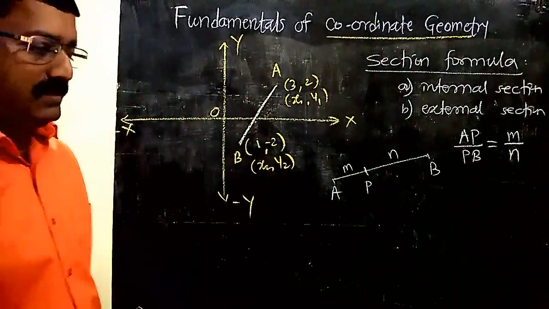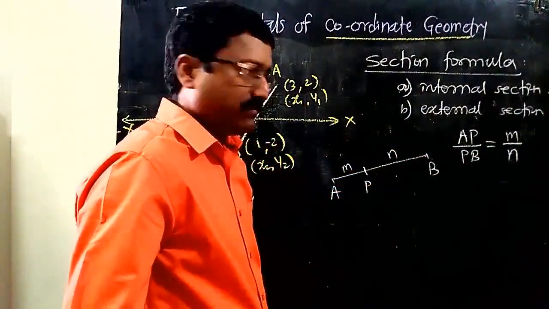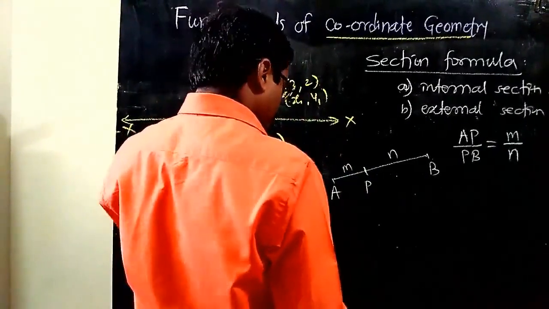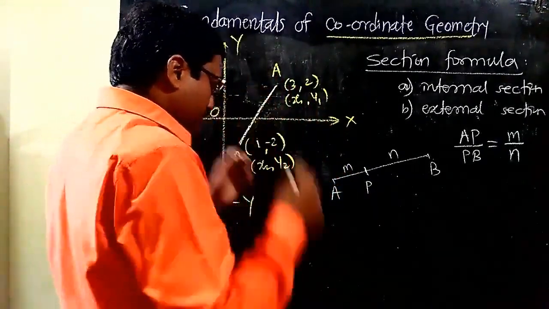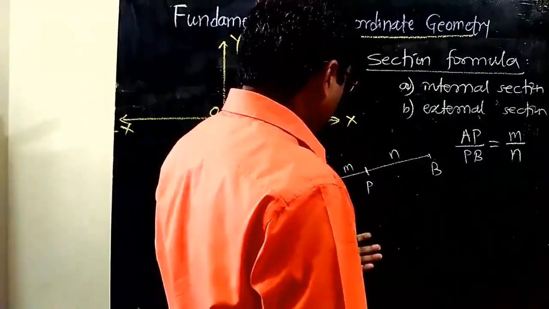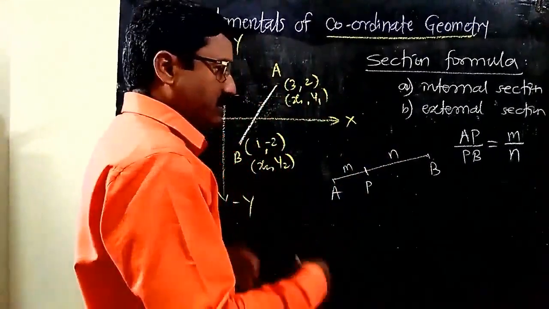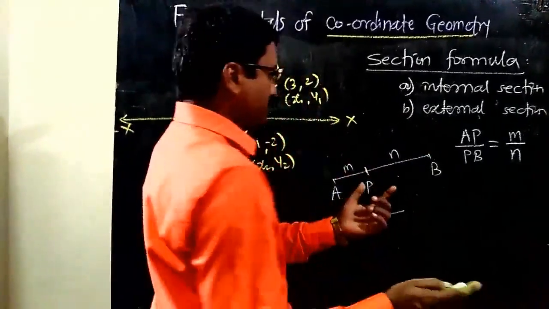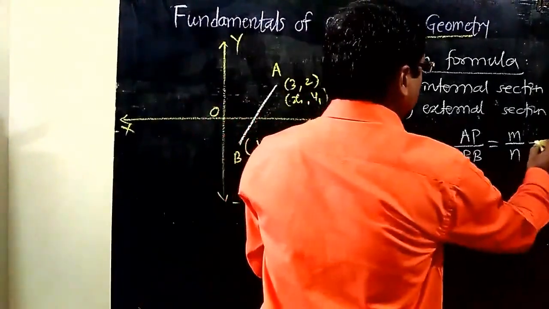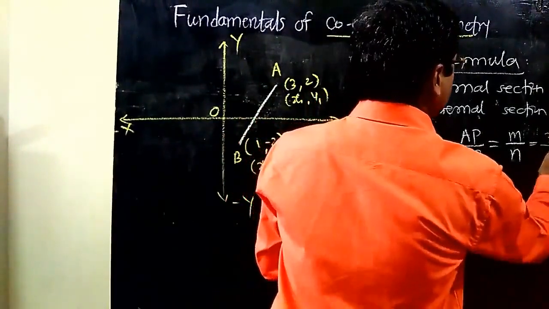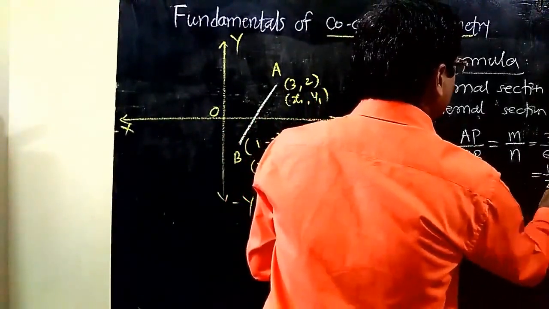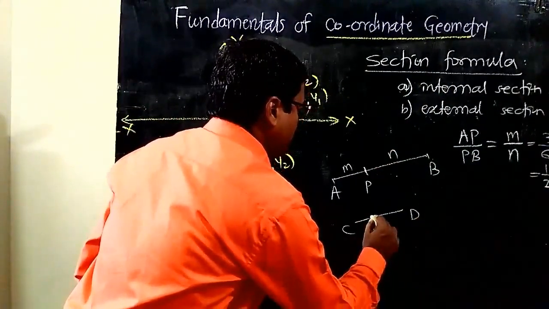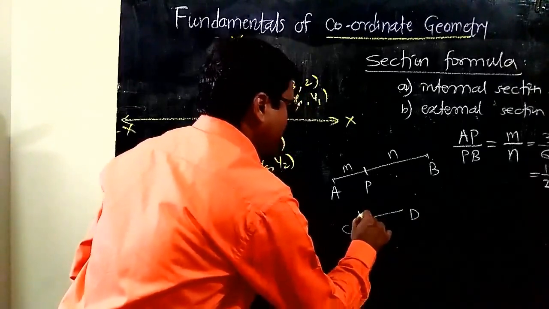But it is not necessary that this ratio is unique. Sometimes there is one point P which divides a segment, and there may be another point which divides another segment in the same ratio. For example, we will take m equal to 3 and n equal to 6. So this will become 1 by 2. But there may be another segment CD, another point Q, whose distance is 1.